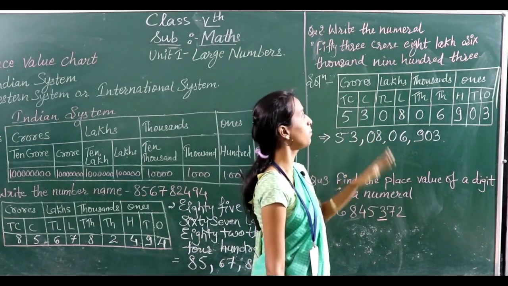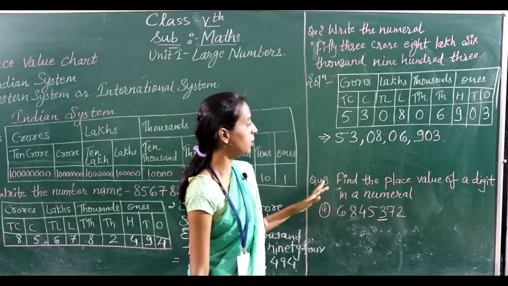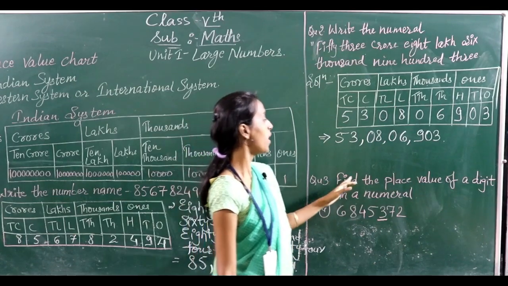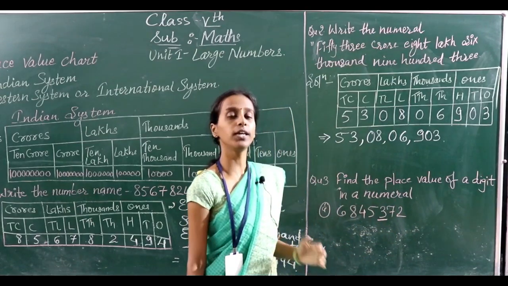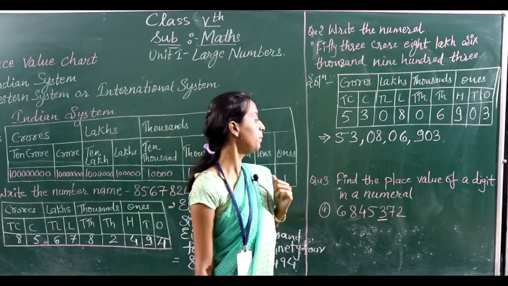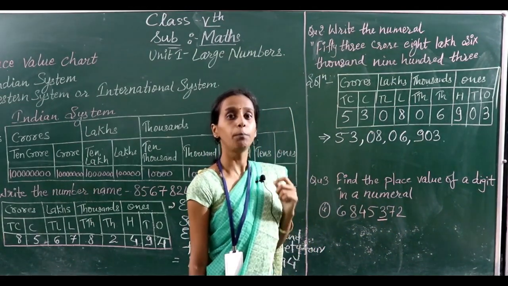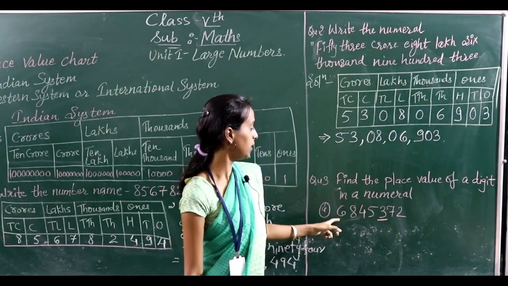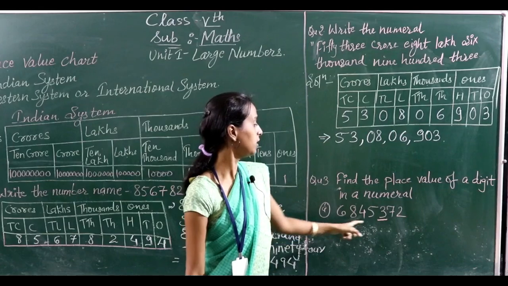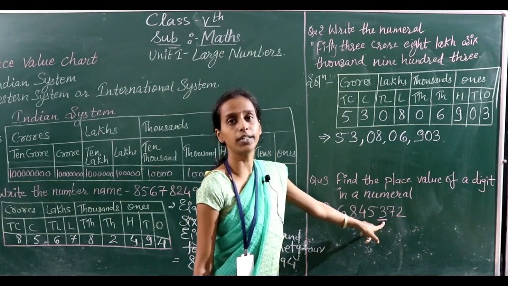Okay, this is the second type of question which you get. And lastly we will come to the question that is, find the place value of a digit in a numeral. You are given one number and you will be asked to find the place value for that digit. For example, I have taken a number here, and in this the 3 is underlined.